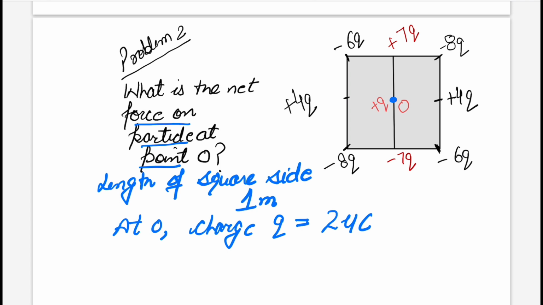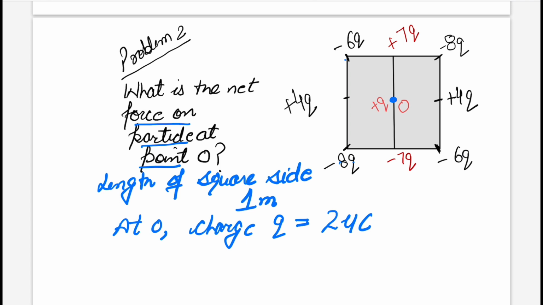In the figure, we have a plus q charge at the origin. At this corner, we have minus 6q charge. At another corner, exactly opposite to it, we have minus 6q. We have minus 8q charge here. Opposite side again minus 8q. We have plus 7q charge here and minus 7q charge here. We have plus 4q charge here and plus 4q charge here, right?